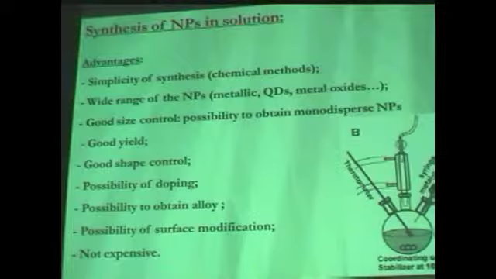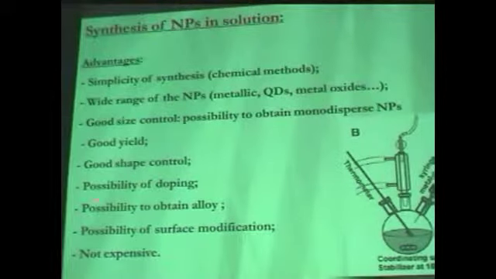This method gives a relatively good yield of nanoparticles. This method achieves good shape control. These methods are not expensive, and we have the possibility of surface modification. Also, that is very important.